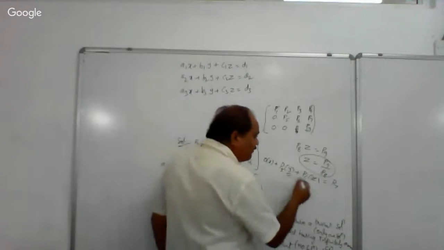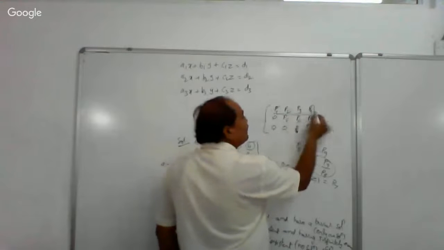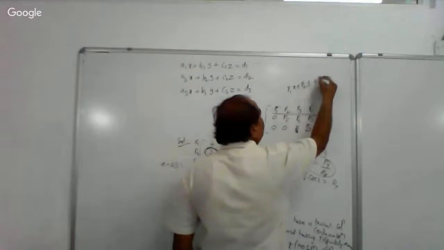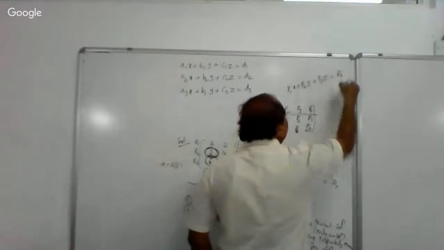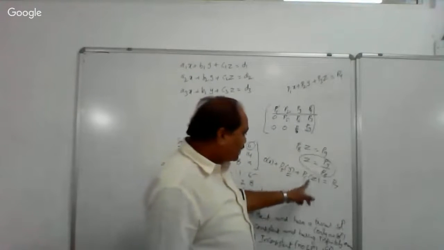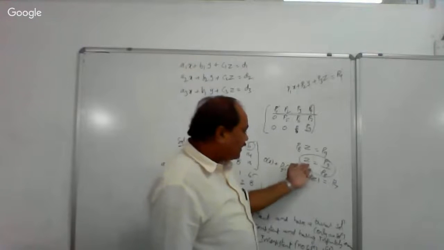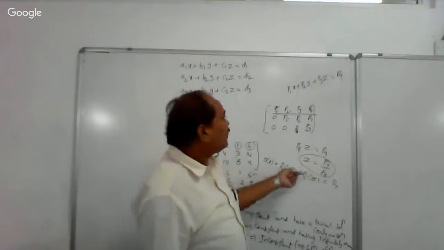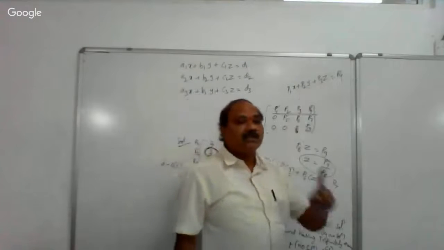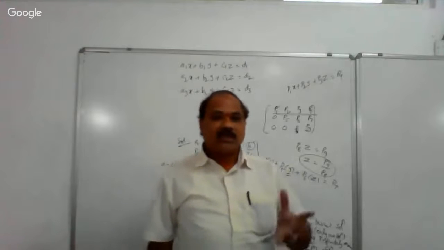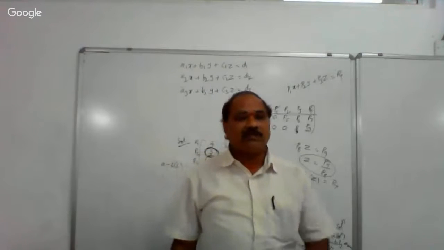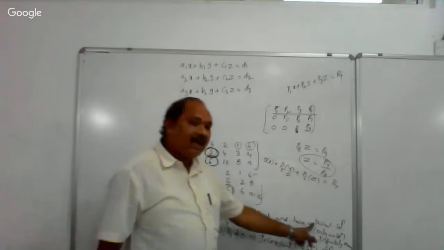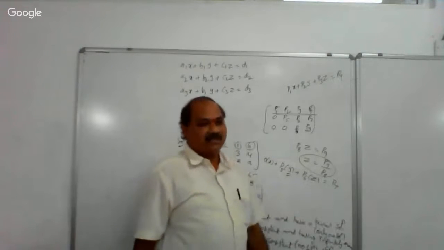Now, again by putting the y value and z value in the first equation, p1x plus p2y plus p3z equal to p4, with unique values for y and z, z equal to p9 by p8, you will get a single value for x. Means you are getting only one value for x, only one value for y, only one value for z. That means it has only one solution.